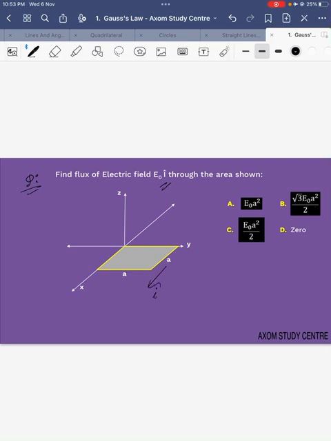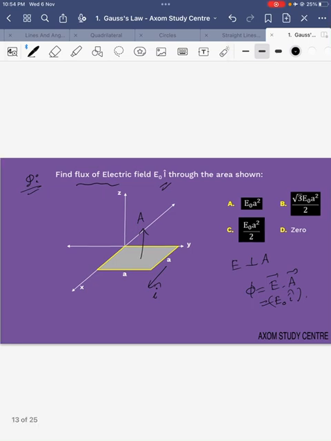So if the electric field is this, you have to calculate the flux. Now see, the electric field is perpendicular here. This is the direction of the area, the area vector. So flux is phi equal to E dot A, where A is the area vector. E is E naught i cap, into the area. What is the area?